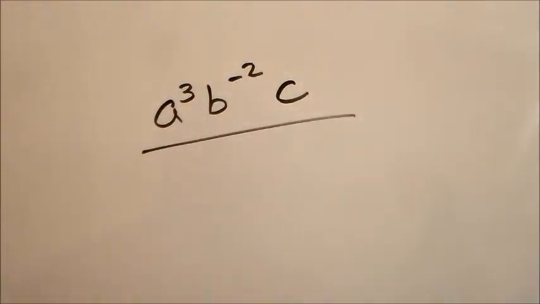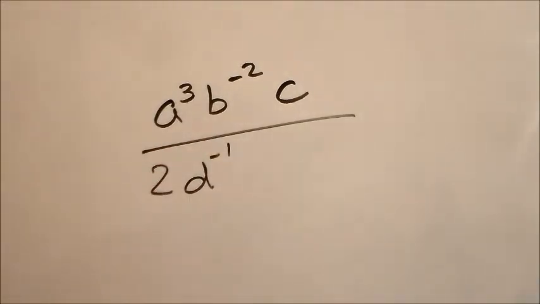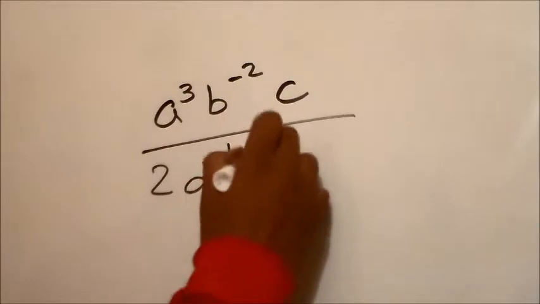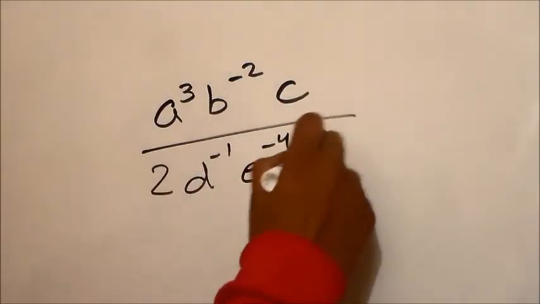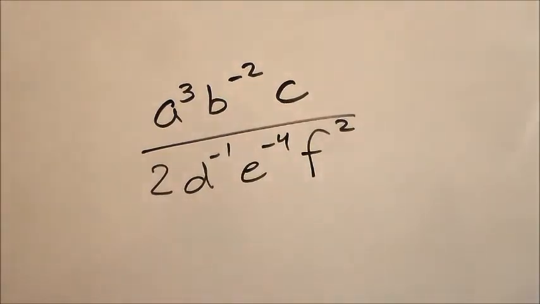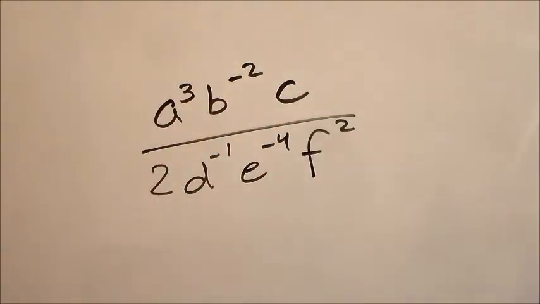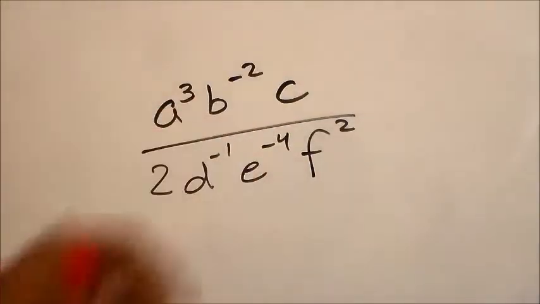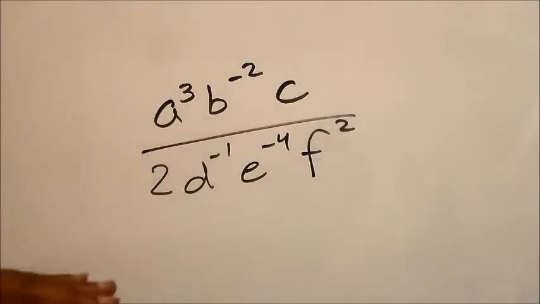And then we have 2d to the negative 1, e to the negative 4, and f raised to the second power. Now when we look at this, don't be afraid. Look at everything individually. Look at who's going to sit still, who's going to change their mood. That's how I want you to look at this.